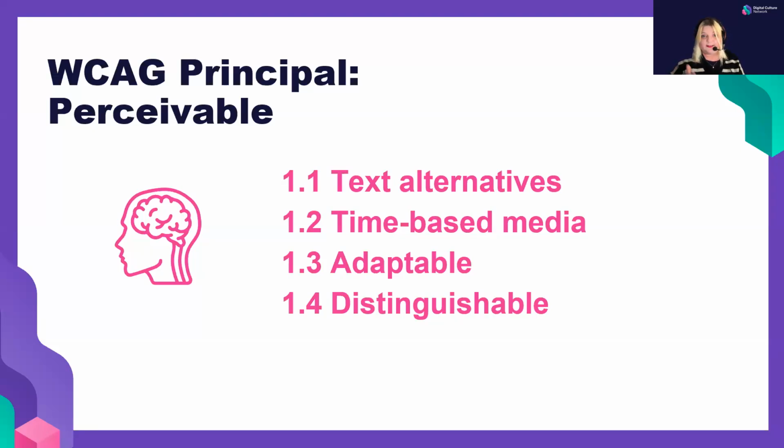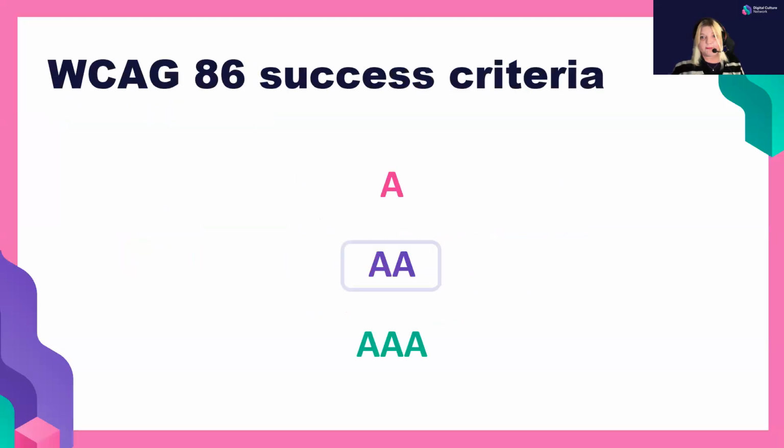And that's everything that's included in the perceivable overarching principle. And the success criteria of each guideline within that overarching principle can be a level of A, AA, or AAA. A is the bare minimum and AAA is the highest level.